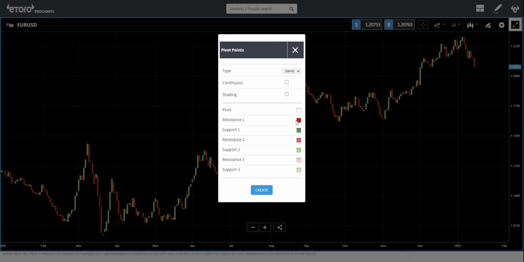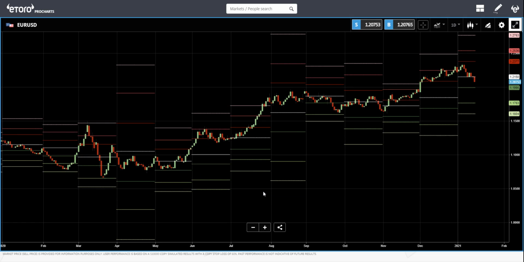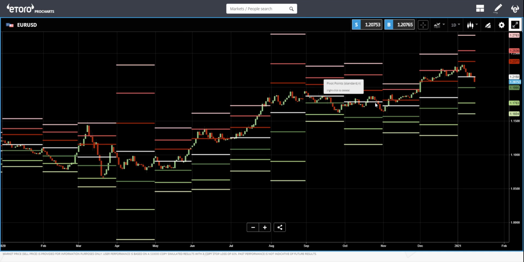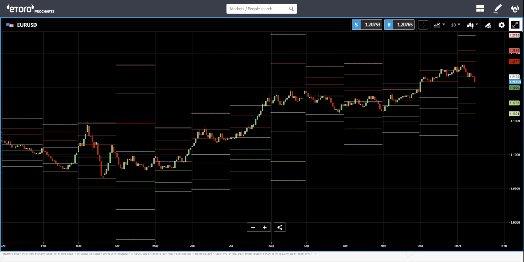For resistance levels, as you can see, it uses different shades of reddish color, and for support levels, it uses different shades of greenish color. So I'm pressing create here. You can see the indicator, including the pivot point and also the resistance points.